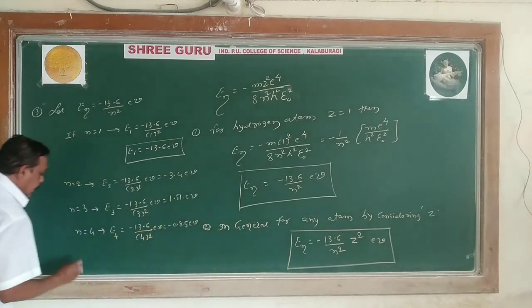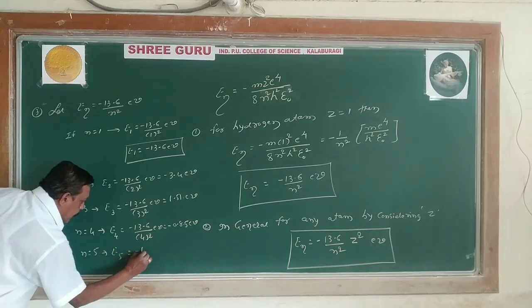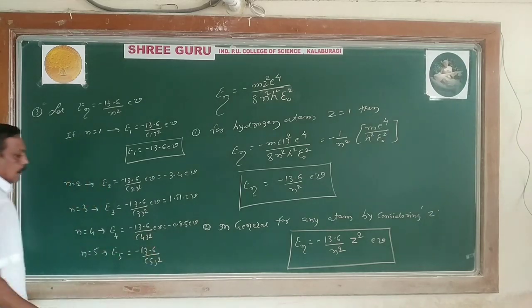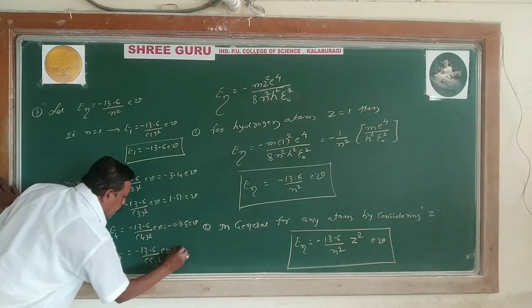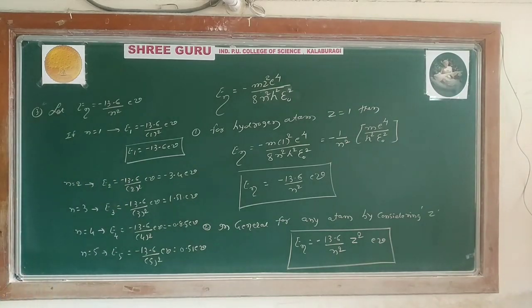You can check. n equals 5, E5 equals minus 13.6 divided by 5 square electron volt, which is minus 0.54 electron volt. If I take n equals infinity, then E equals 0.